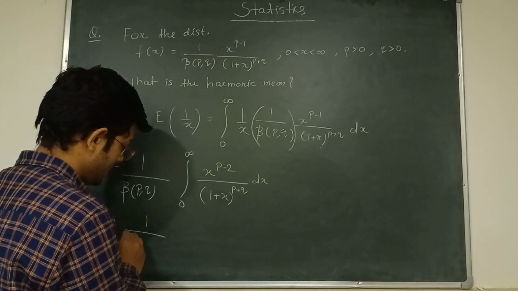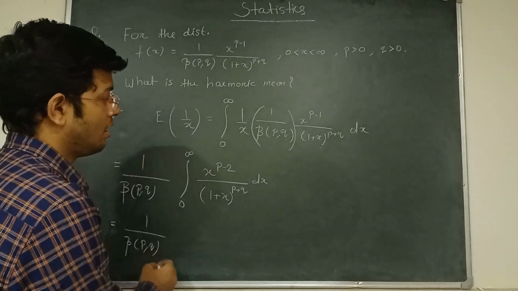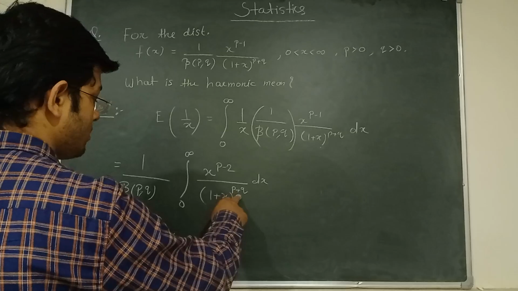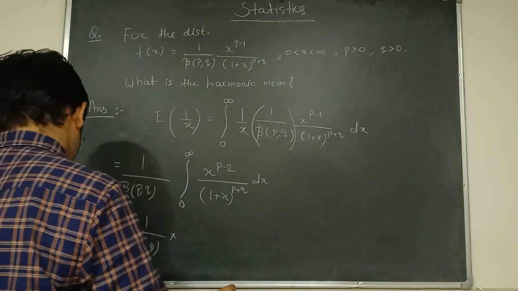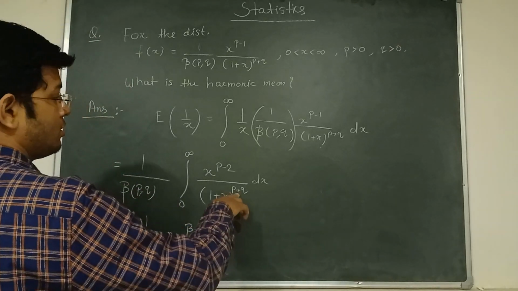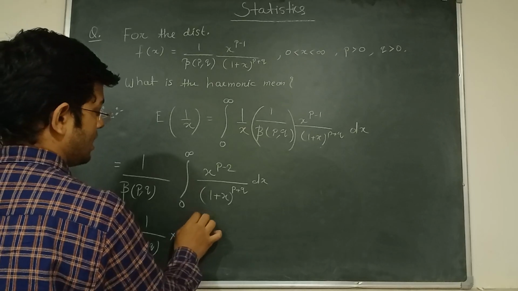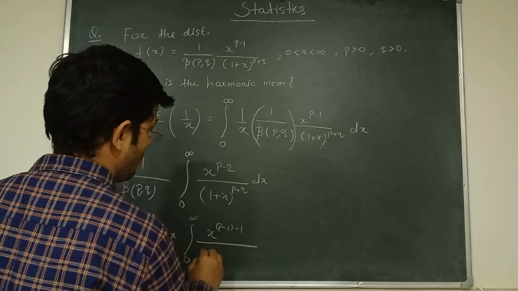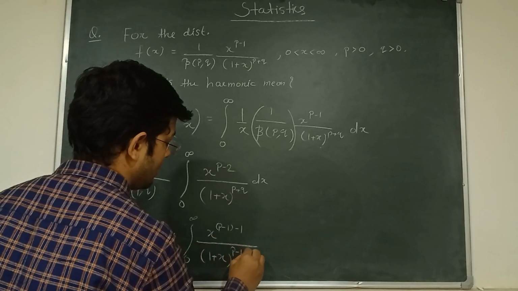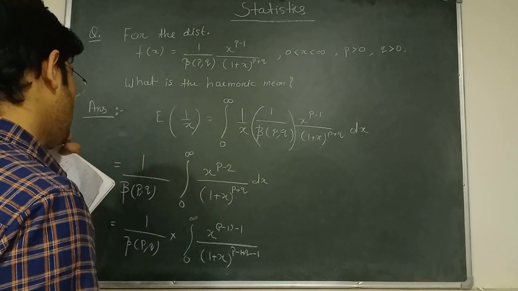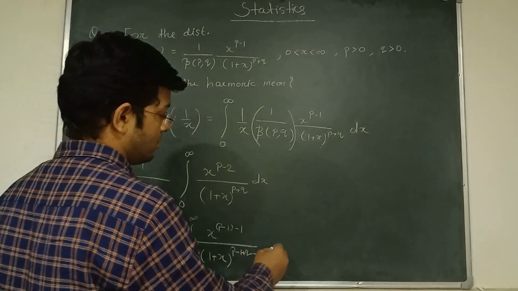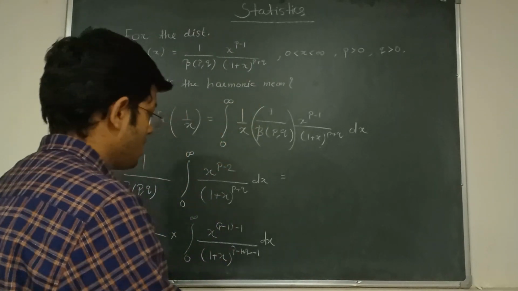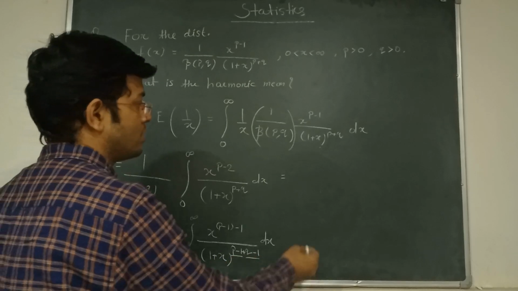We have already been given the beta function, beta(p,q), and if you write it also in beta function form, you can write x^(p-1) as x^(p-1-1) and (1+x)^(p-1+q-1). For changing into beta distribution, p minus 1 and q minus 1 are the two terms for the beta distribution.